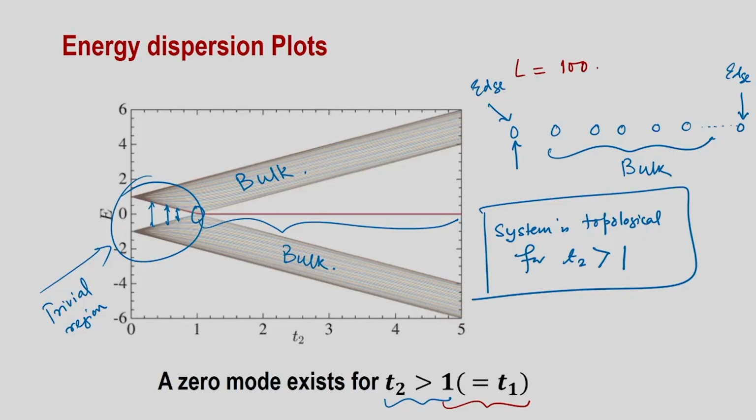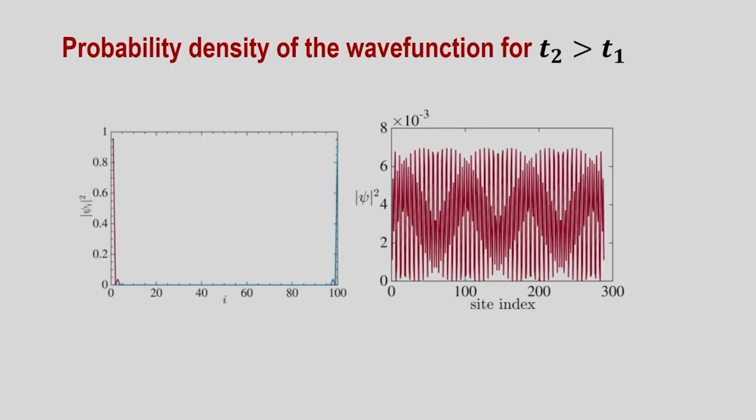It will be more apparent if we calculate the topological invariant. We calculate the psi i squared here as a function of the site indices, and you see that only at the edges, we just plot the edges on the left hand side. So, this is the edge probability and this is the bulk.